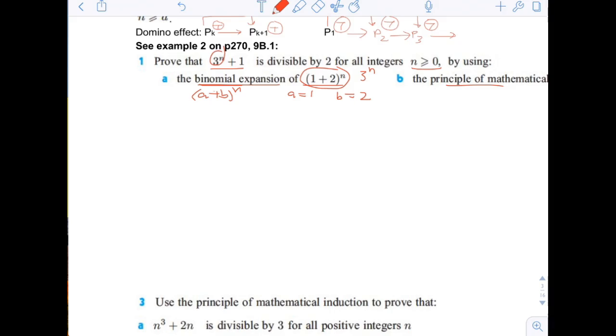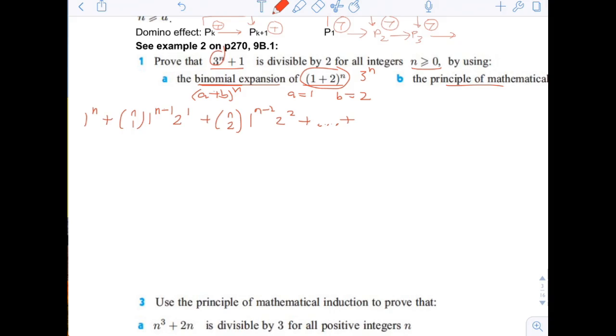So that would be a to the nth, so it would be 1 to the nth, plus, and then we start using Pascal's triangle coefficients: n choose 1, 1 to the n minus 1, 2 to the 1, plus n choose 2, 1 to the n minus 2, 2 squared, plus dot, dot, dot, and then we go all the way to the other end of the polynomial.